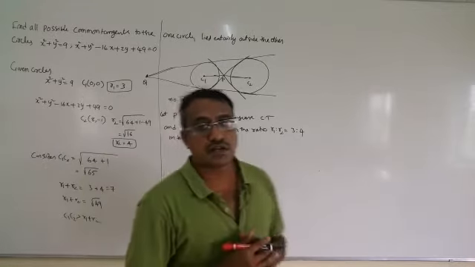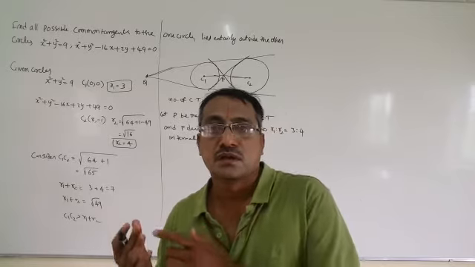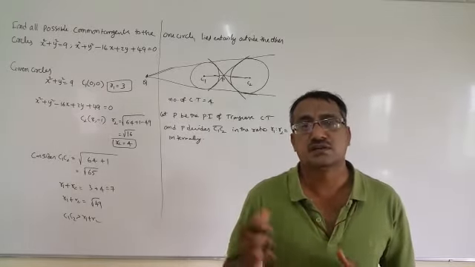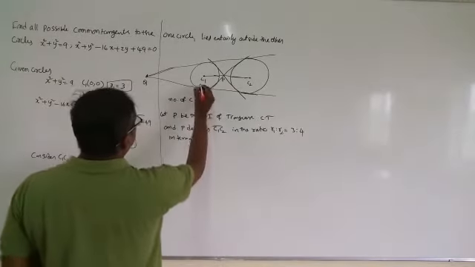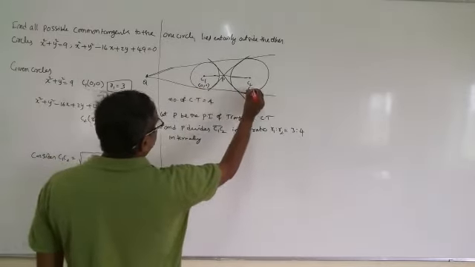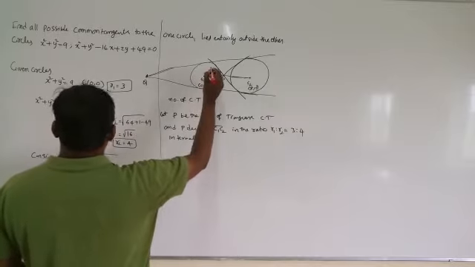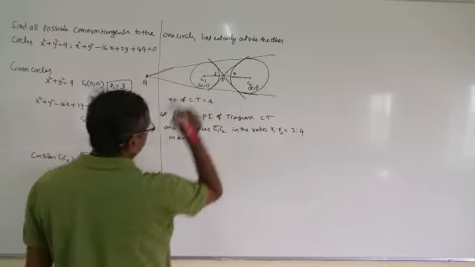We are trying to find the transverse common tangent, so the point divides the line joining C1, C2 in the ratio R1 is to R2 internally. So here C1 is (0, 0), C2 is (8, minus 1) and the ratio is 3 is to 4.